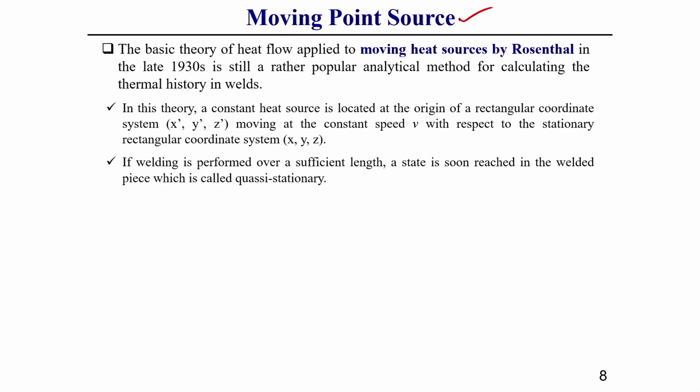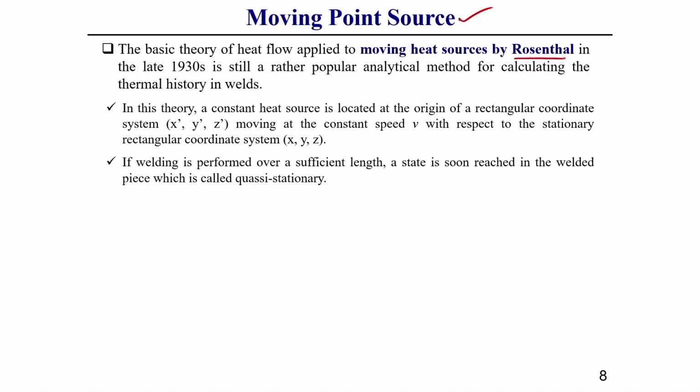The basic theory of heat flow was applied to the moving heat source by a very popular scientist in the field of welding. His name is Rosenthal, in the late 1930s. It is a very popular analytical method for calculating thermal history.